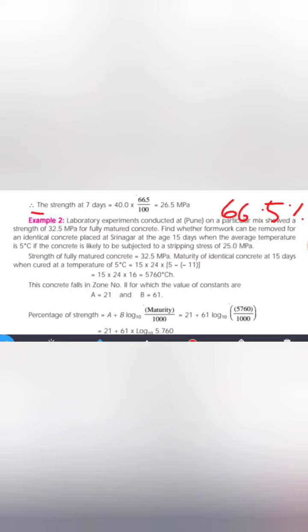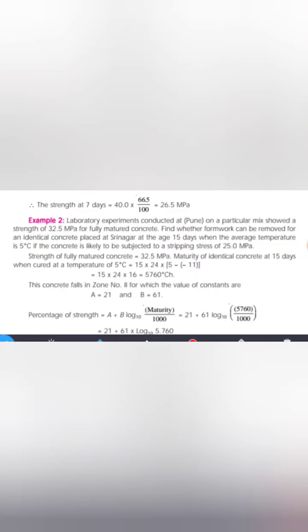I am calculating the strength at 7 days for my 40 MPa concrete. Using that percentage, it will be 26.5 MPa. So it concludes that at 7 days the concrete will gain 26.5 MPa of strength.